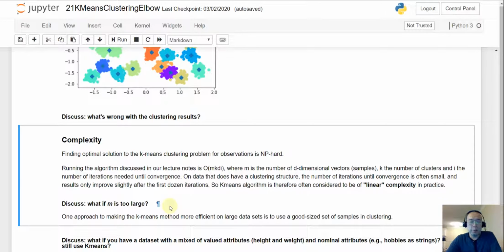For example, a week ago we talked about SVM, and SVM is an algorithm that struggles a lot with large datasets. Even though k-means does okay with large datasets, if the dataset is very large, one strategy we can still use is to sample part of the data for clustering instead of using all the data.